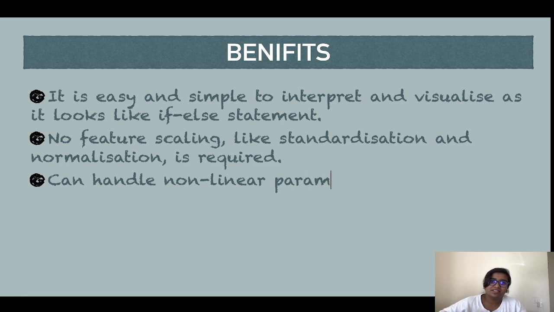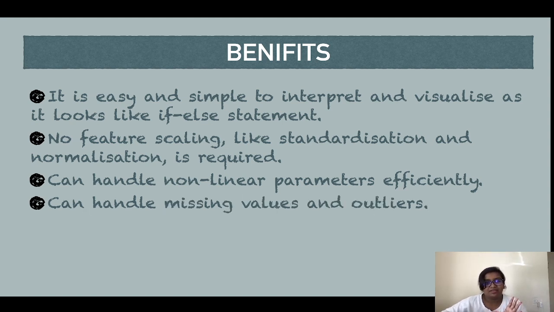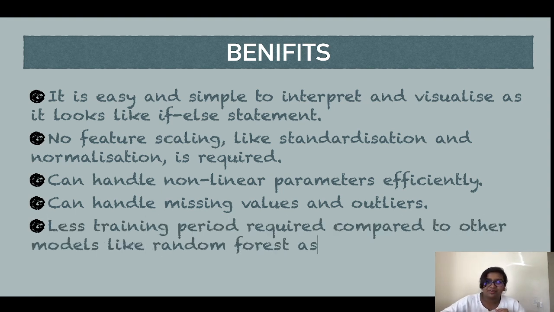When it comes to decision trees, there's no requirement for feature scaling. And it can handle non-linear parameters. Your input variable doesn't have to be linear. It can be linear or non-linear. And it can handle missing values and outliers. Some algorithms can be sensitive to missing values and outliers, but a decision tree is not, so you don't have to take your time to remove missing values and outliers.